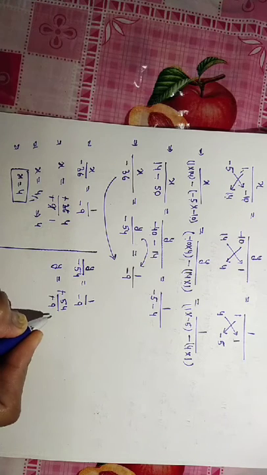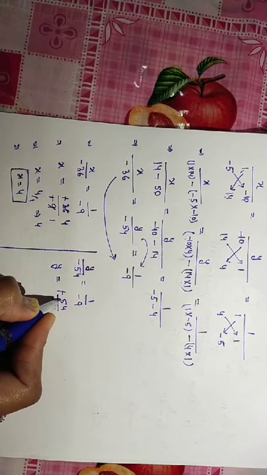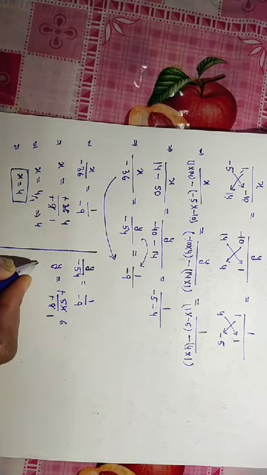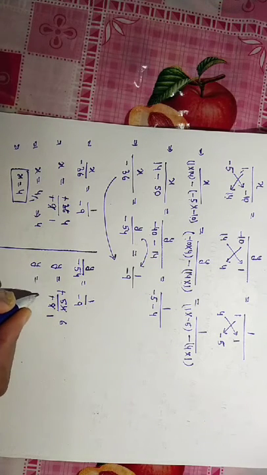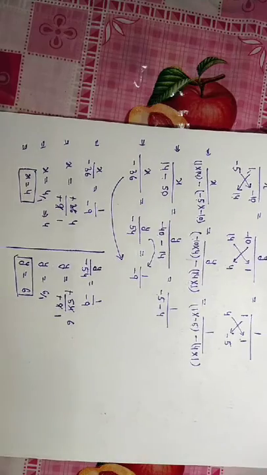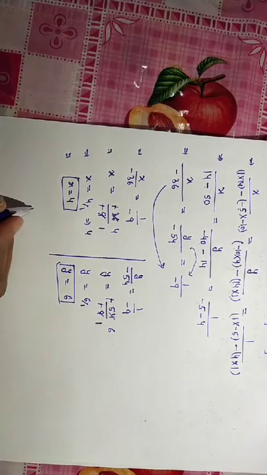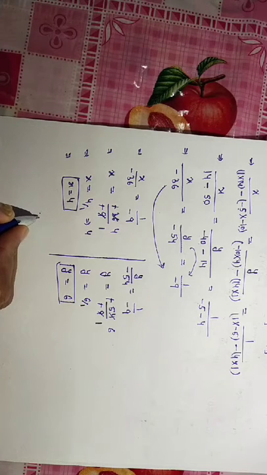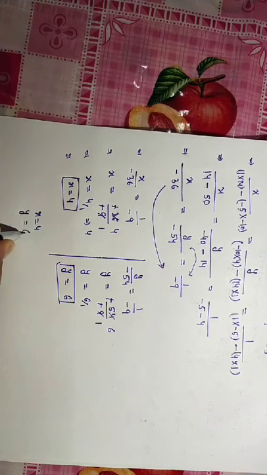Minus cancels minus, 9 divided by 9 is 1 and 54 divided by 9 is 6, and we get y equal to 6 upon 1, or we can say y equal to 6. This is the value of y. Therefore, the solution of the linear equations is x equal to 4 and y equal to 6.